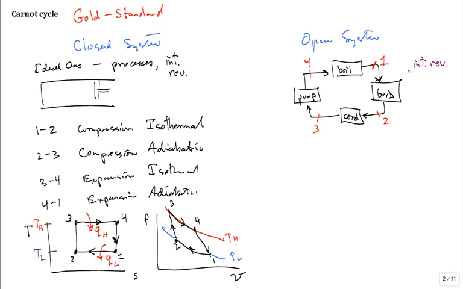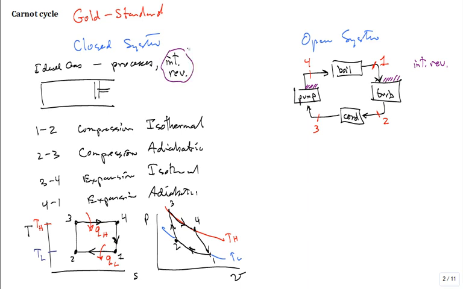So when I expand through that turbine, it's a great turbine. There's no heat transfer, Q is 0, and it's reversible. It's going to be an isentropic expansion through that turbine. And when I go through the pump, no heat transfer in the pump, no entropy generation in the pump, isentropic compression or pressure increase in that pump. So that's the same there.